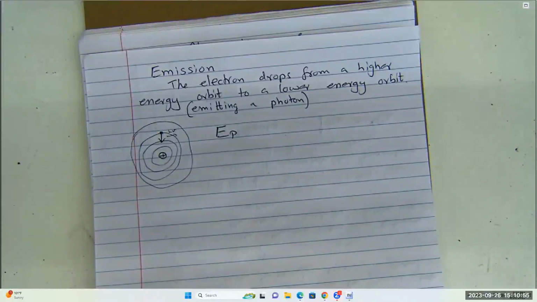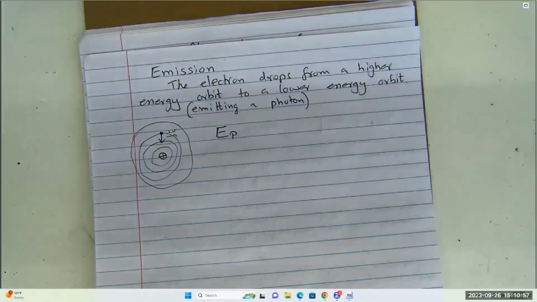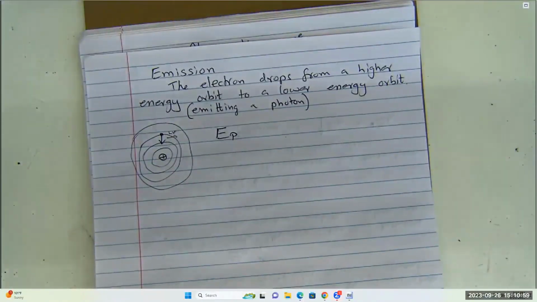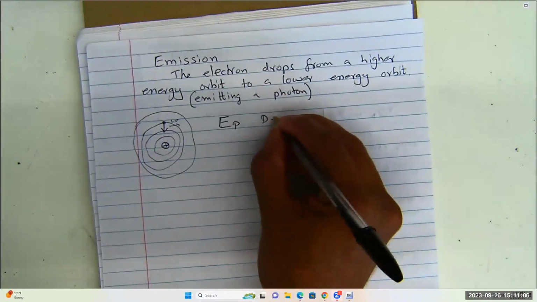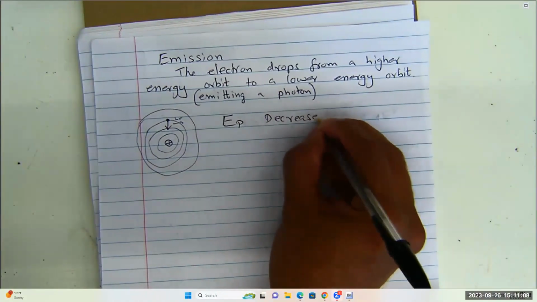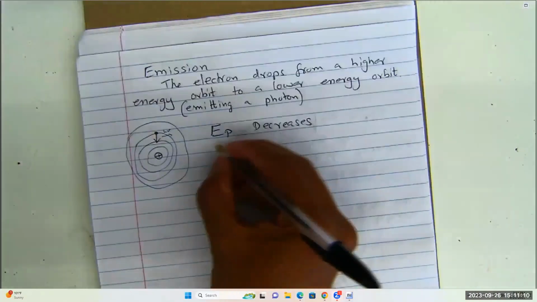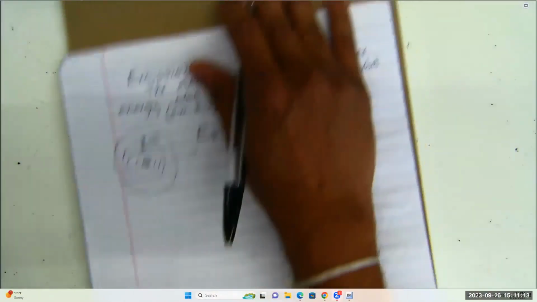All right. So during the emission process, what should happen to the potential energy? Should it go up, down, or stay the same? Should go down. The potential energy decreases. Why?